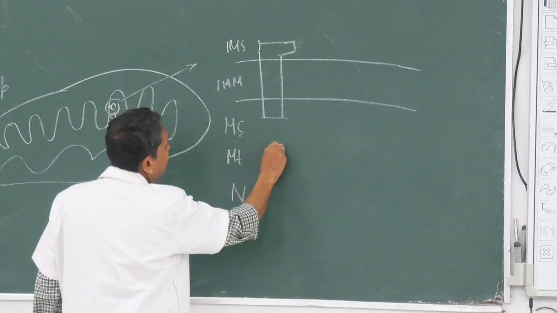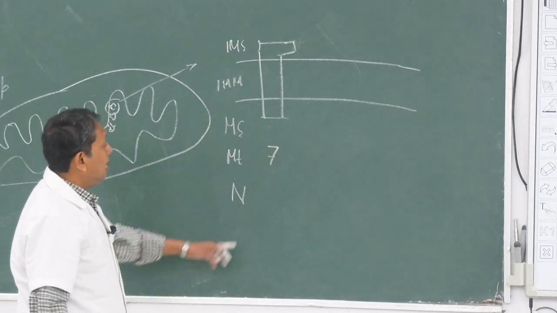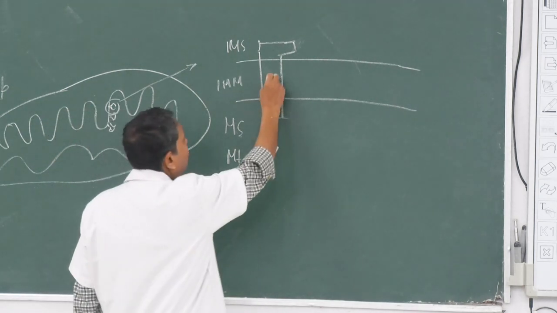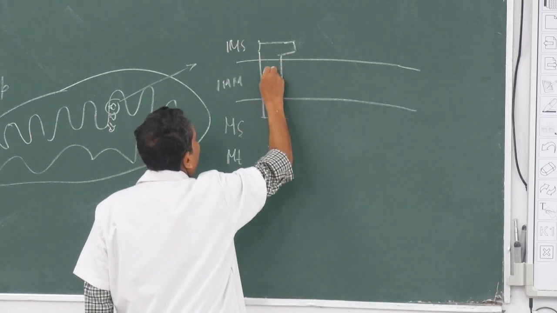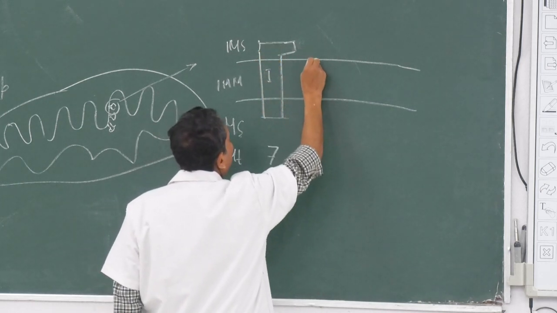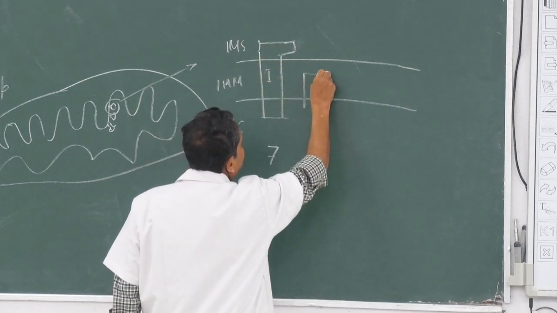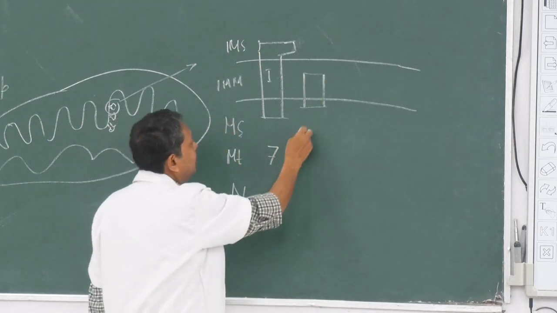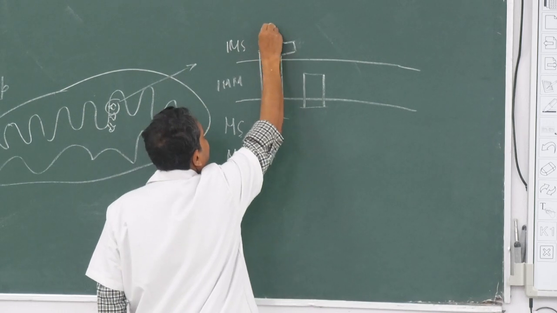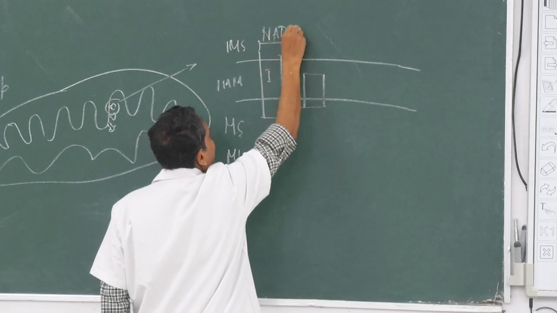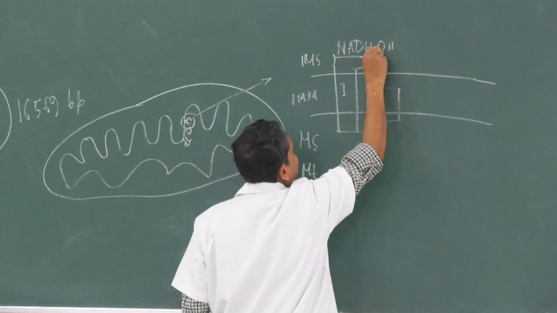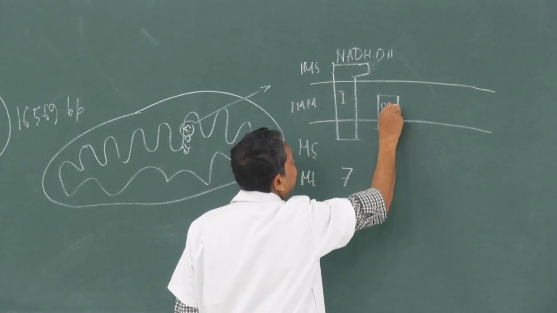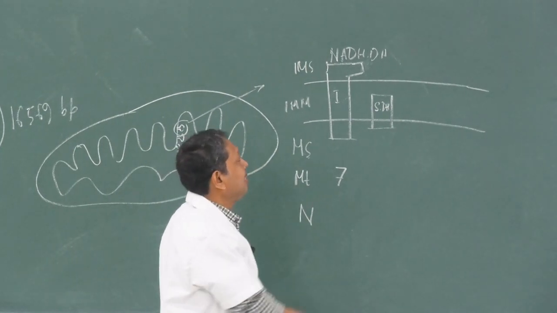Mitochondrial protein is 7 in number, and nuclear proteins are much more in number. This is complex 1, NADH dehydrogenase, and complex 2 is like this structure, it is succinate dehydrogenase.